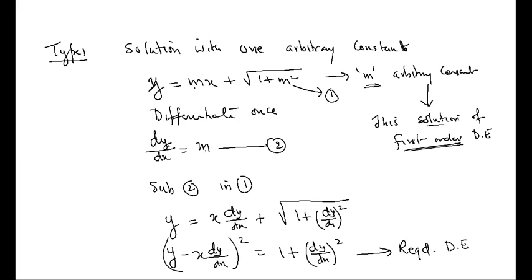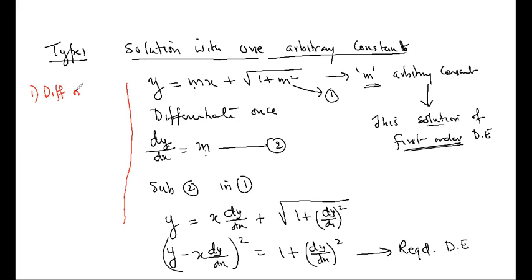Yes, sir. So whenever we have only one arbitrary constant, this is a technique to apply. Differentiate once, make the arbitrary constant the subject and substitute in the solution. So what are the steps I told you? How many times differentiate? Differentiate only once.